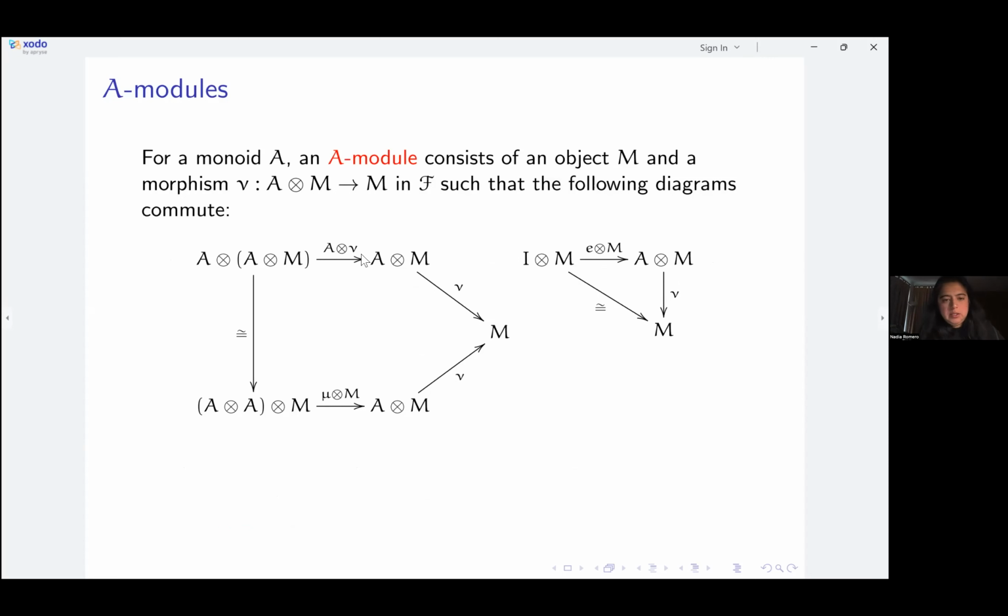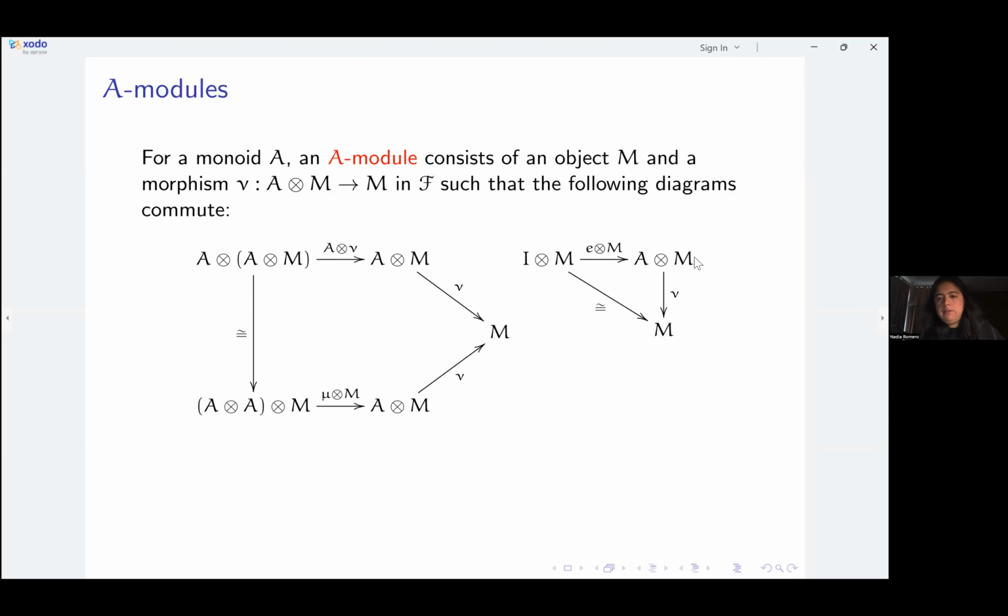It's the same idea as before. On the left, we are saying that this action mu is compatible with the product we have for A. Here we're taking the identity and mu, and this must be the same as taking the product mu of A, and then taking the action mu. That's the associativity of the action, let's say.